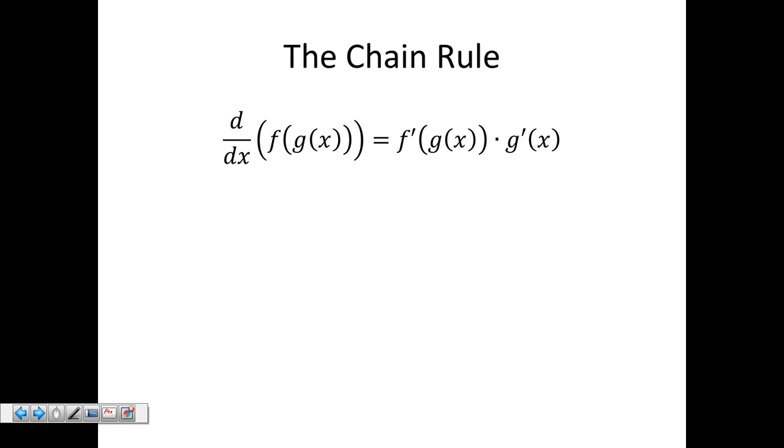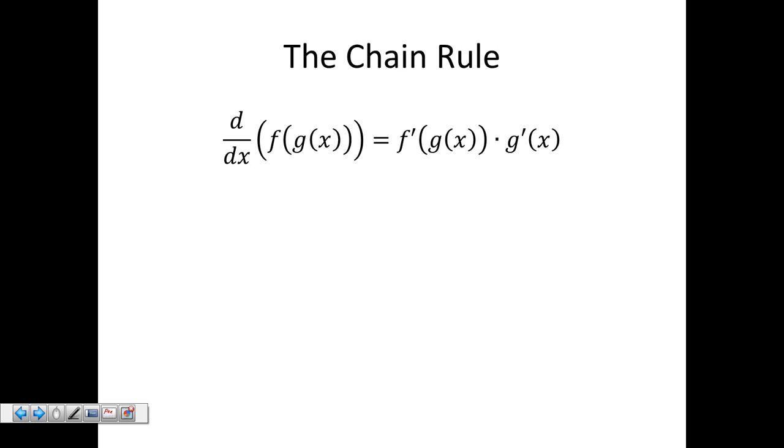Because we've really been keeping some blinders on, and we've only been taking these products and everything with just really simple functions. So now we're going to have more complicated functions where it's not just the sine of x, but it's the sine of x squared, or e to the x squared. So this is really an important rule when we have a function of a function.